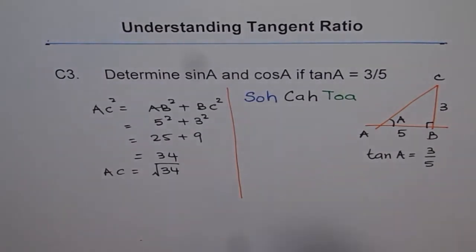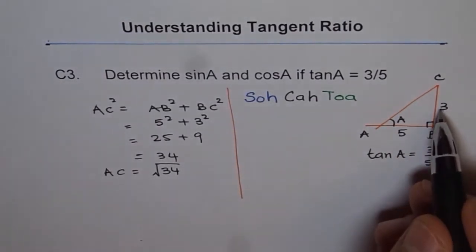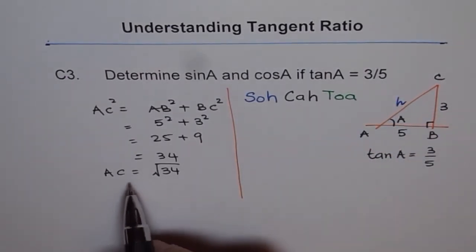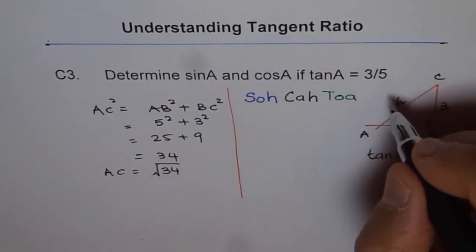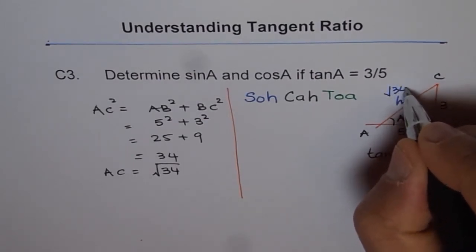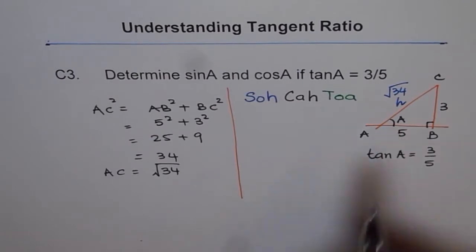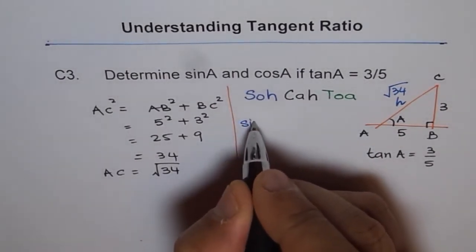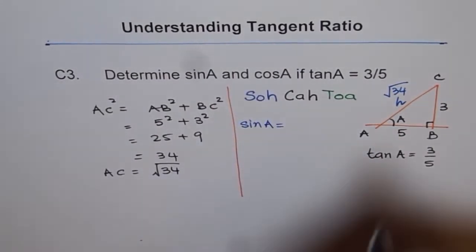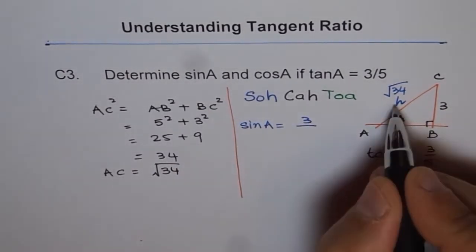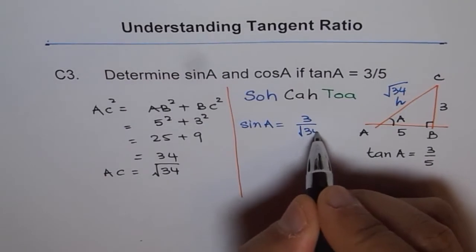So from here we see sine is opposite over hypotenuse. AC is our hypotenuse, correct? And we just found that the value of AC is equal to square root of 34, right? Therefore, we can write what sine A is. For us, sine A is equal to the opposite side, which is 3, over the hypotenuse, which is square root of 34.